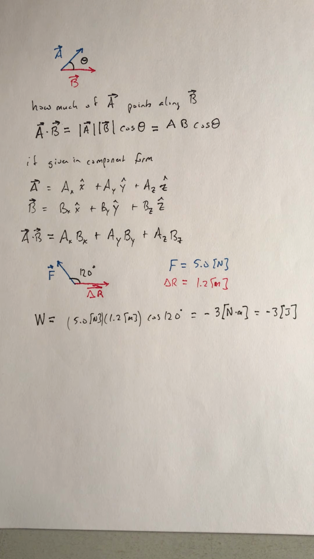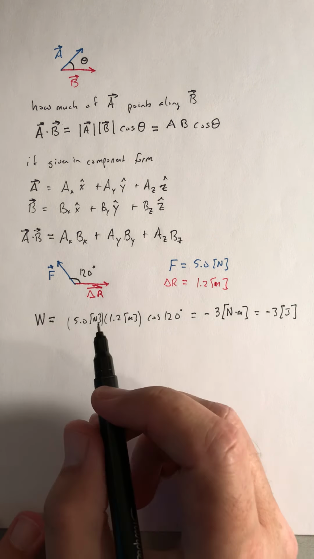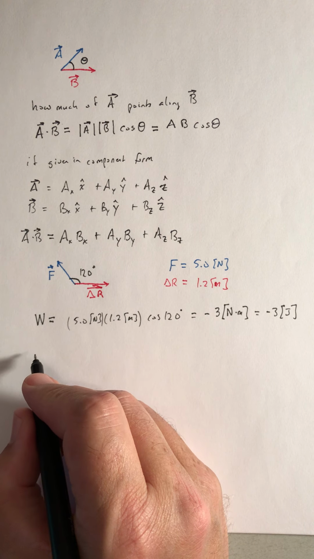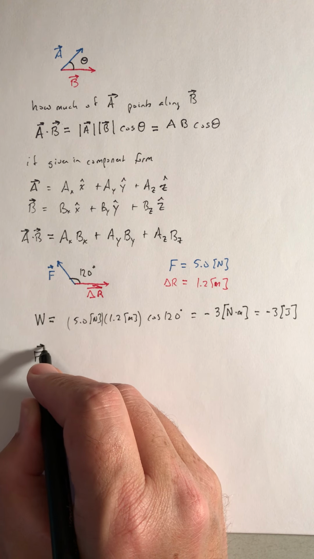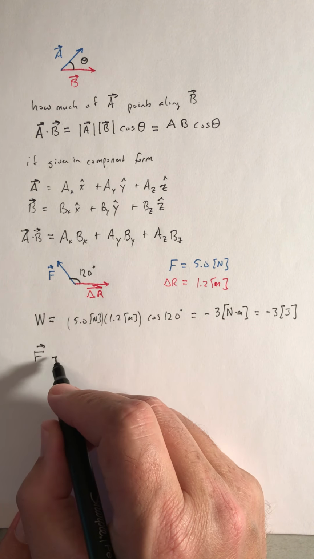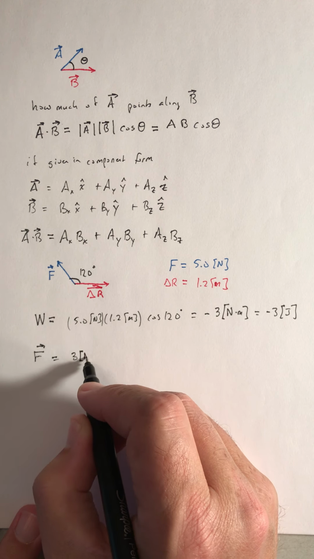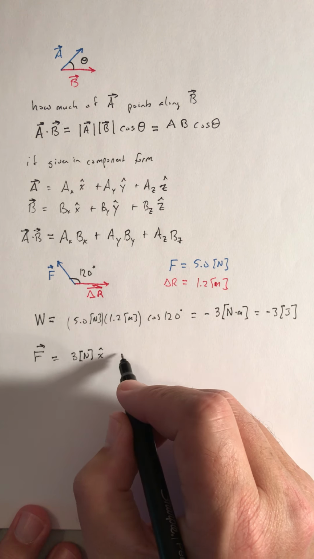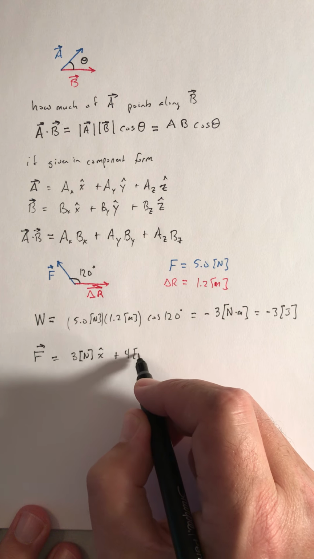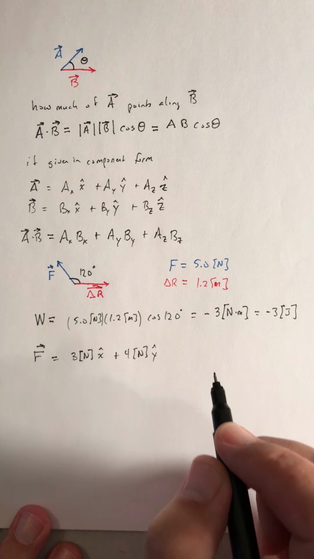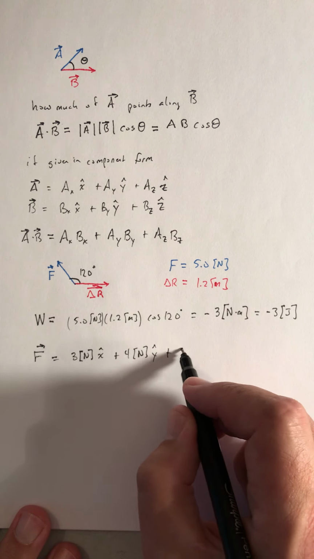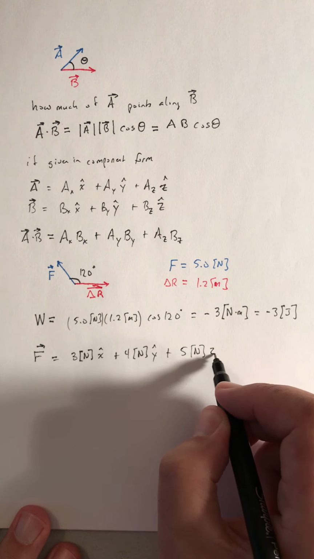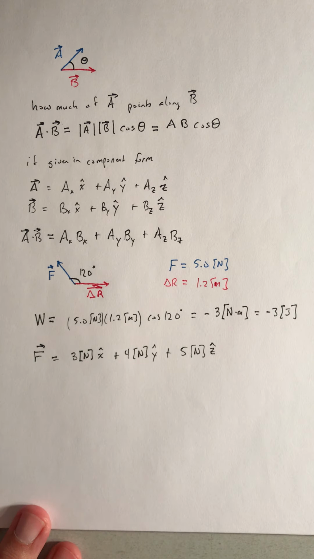All right, and then in terms of components, let's say I have a force vector with 3 spatial components. So it's 3 newtons along the x direction plus 4 newtons along the y direction plus 5 newtons along the z direction.